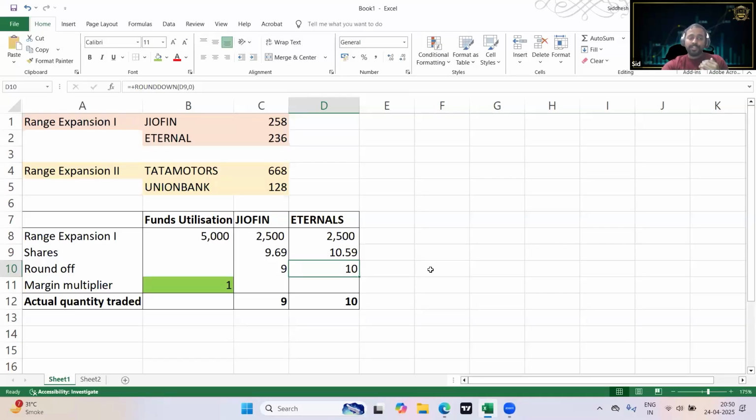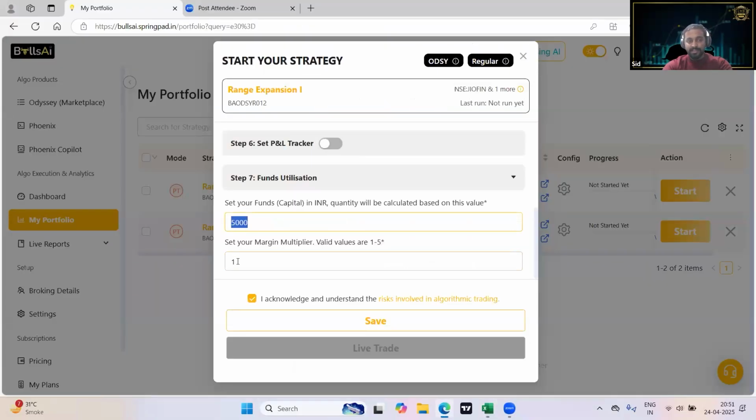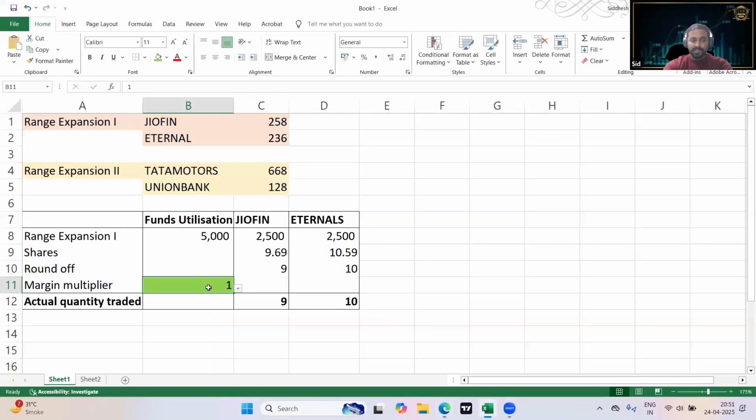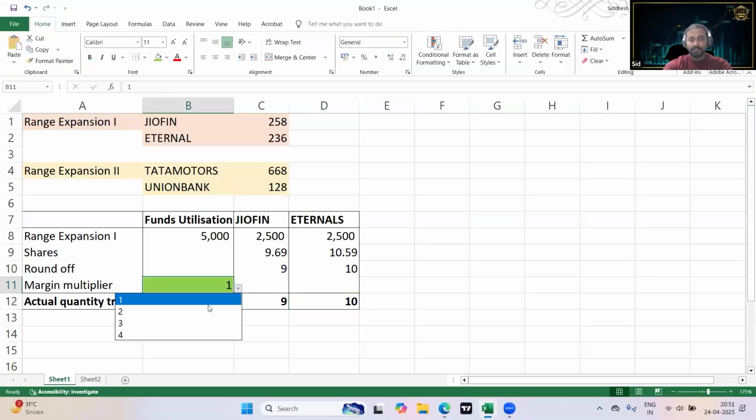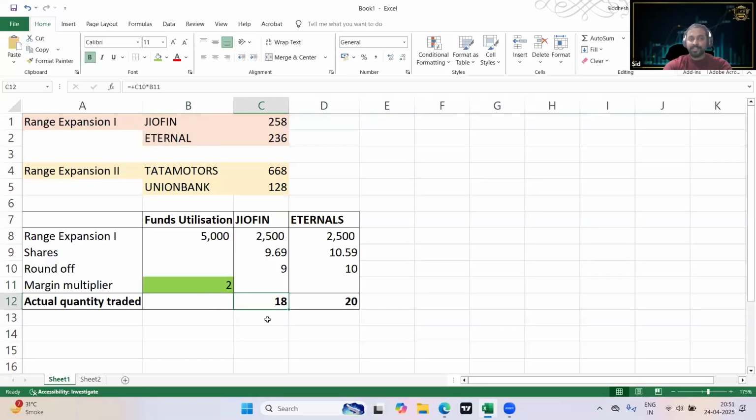It's important what you select as margin multiplier. In our case right now, I have mentioned one. In case of one, if it had a JIOFIN trade, if it had an expansion, you will see 9 shares either bought or sold. In case of Eternals, 10. In case you change this from one to two, it will double what you traded.